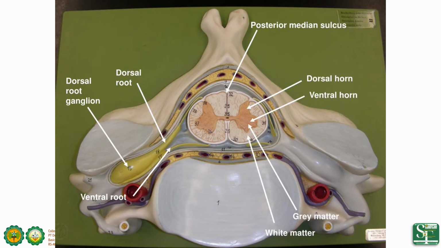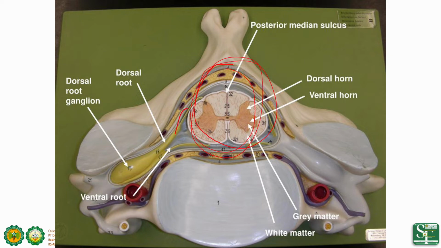Okay, so this is just another picture to show a model of your spinal column. And you can see the dorsal root ganglion, the easiest to identify of all. And again, this is part of the posterior portion of the spinal cord. But guys, just to clarify, this is really the portion of your spinal cord. This is the spinal cord.